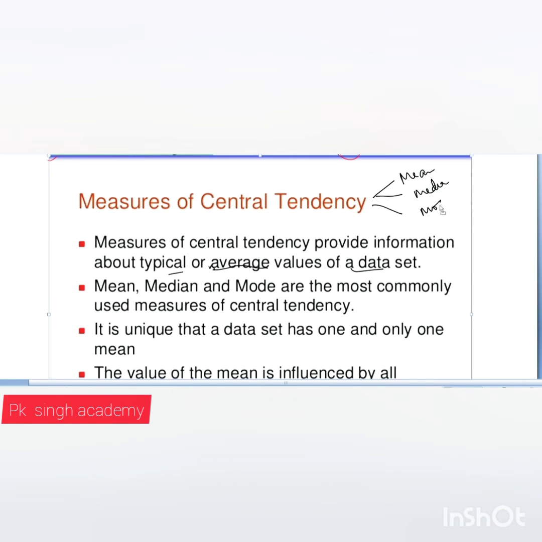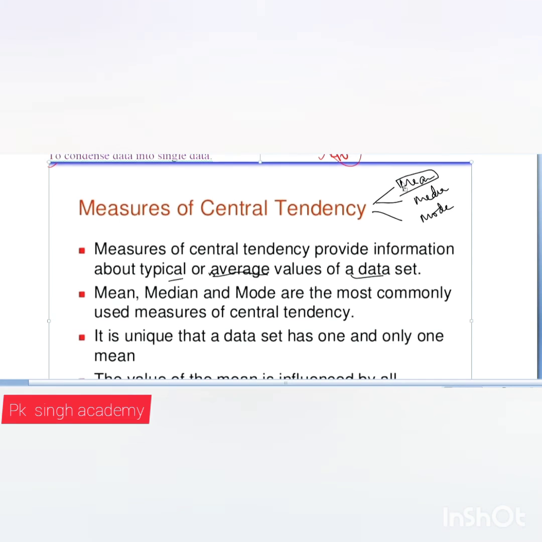In mean, we just take the average of all the values of the data set. Mean, median, and mode are the most commonly used measures of central tendency.